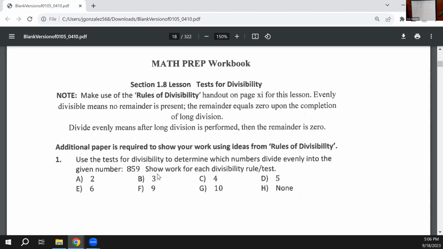Now 9. The sum of the digits has to be divisible by 9. We said the sum was 22, and 9 doesn't go into 22. So no. Now 10. Is the last digit a 0? No. 859 is not divisible by 10.